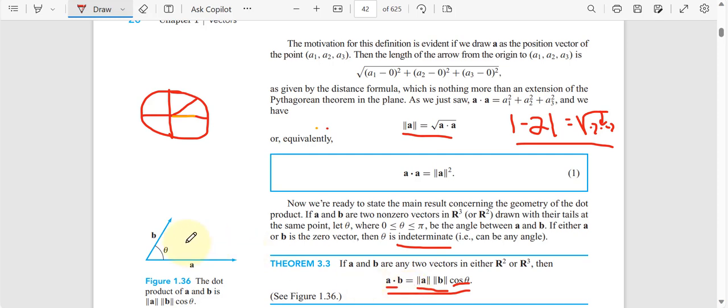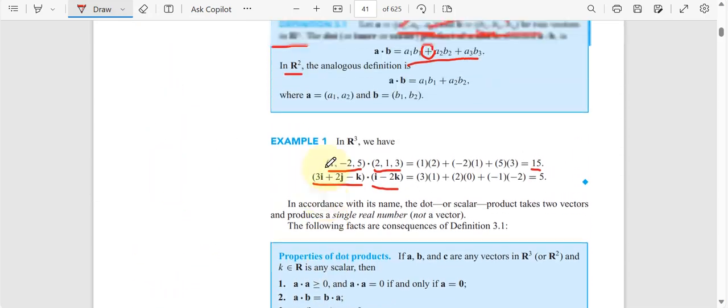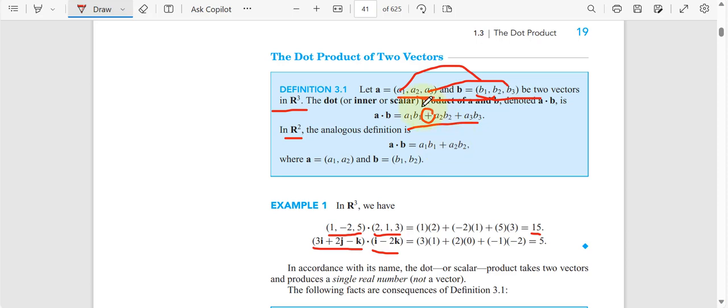So dot products of vectors that are perpendicular to each other, you always get 0. Doesn't matter what their lengths are. Now that wasn't exactly evident or obvious from this definition up here, but it's a fact. Well, we haven't proved that it's a fact, but it is a fact.